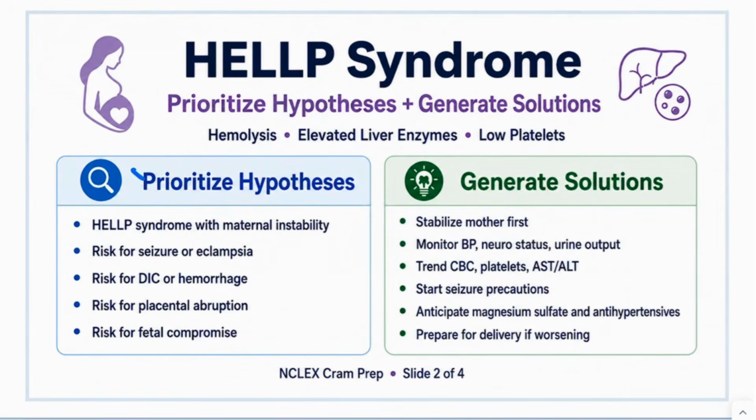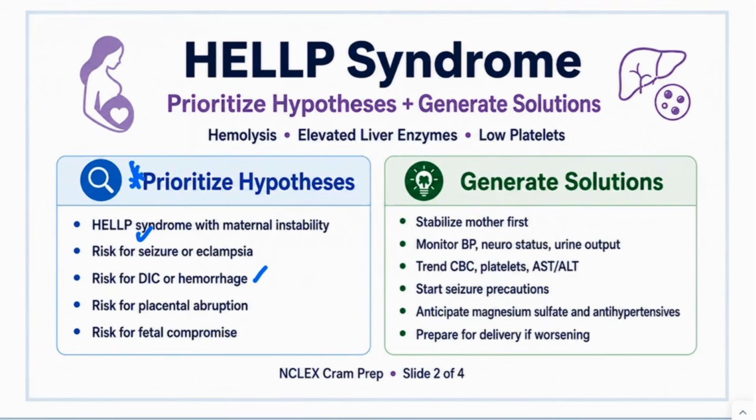So the priority hypothesis in this particular scenario is the worsening HELLP syndrome with risk for maternal and fetal compromise or deterioration. Think about what these abnormal findings can lead to. Now, low platelet increases the risk for bleeding, right?